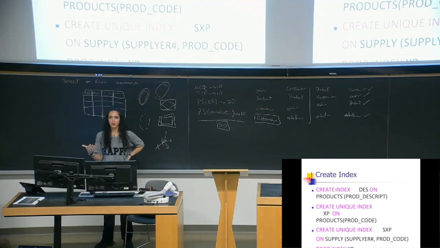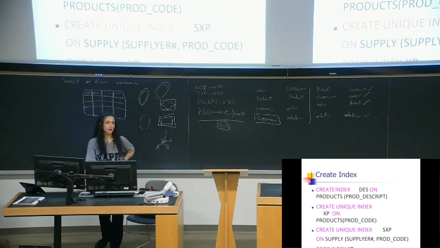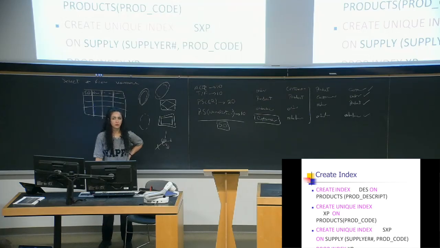On which column do you use it? Primary key is always indexed, exactly. Do you know any other columns you may want to index? Primary keys are indexed by default, but you may also want to define an index on other columns, for example product description, which doesn't really make sense here.